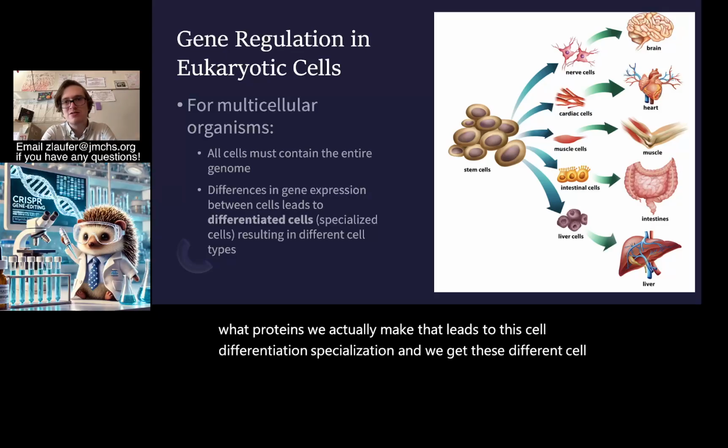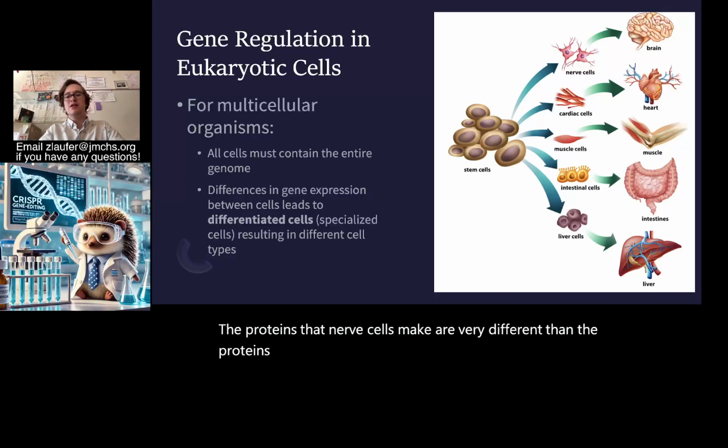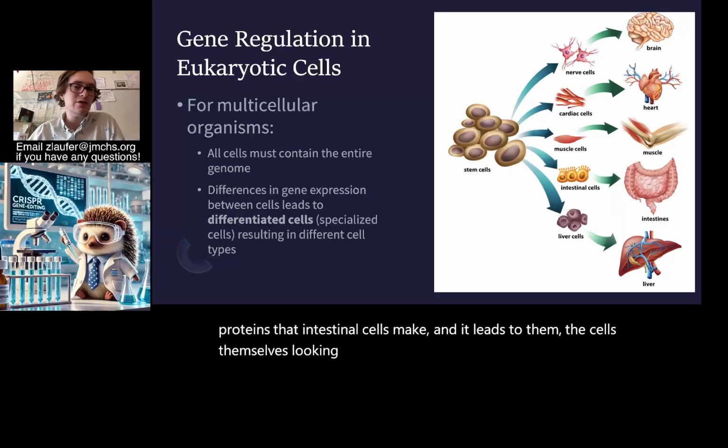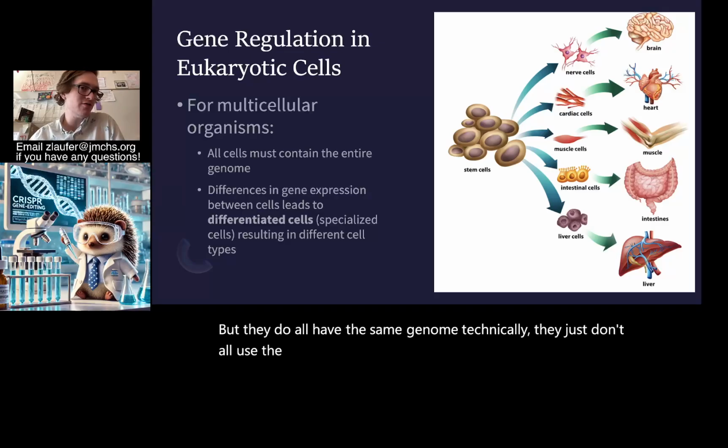The proteins that nerve cells make are very different than the proteins that intestinal cells make, and it leads to the cells themselves looking different and having different functions, but they do all have the same genome. Technically, they just don't all use the same parts of the genome.